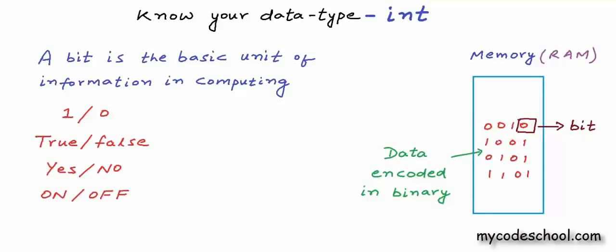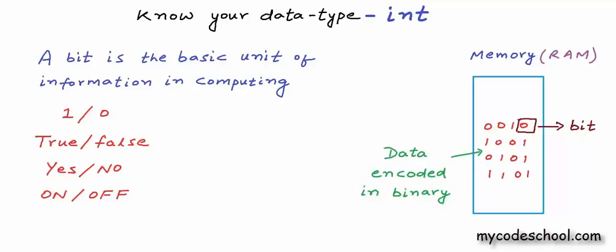A bit can physically be implemented with anything that can have two states. It can be a flip-flop in a switch, or two distinct voltage or current levels in a circuit, or magnetic polarization. There are multiple ways of simulating a bit in the physical design of things.